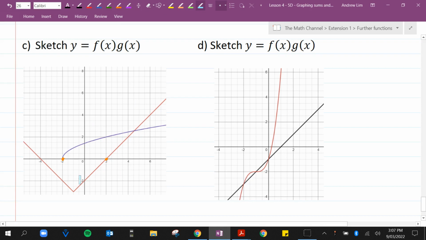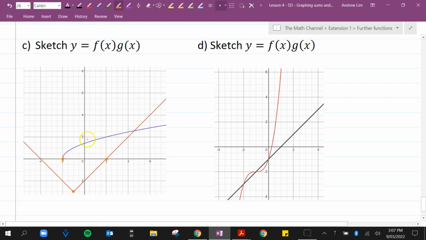Alright, so let's just find some easy y values to multiply. 1 times minus 3 is minus 3. It's going to go through that point. We've got minus 2 times about 1.4.